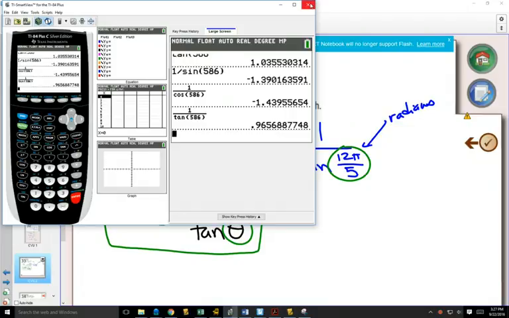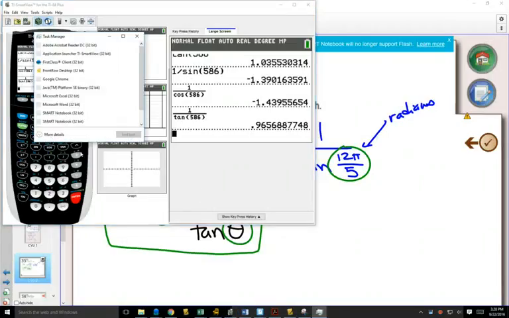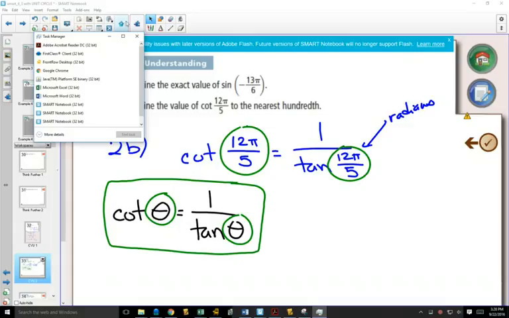It's frozen. Hit your mode button and change from degrees into radians. Mine seems to be frozen here. There we go.